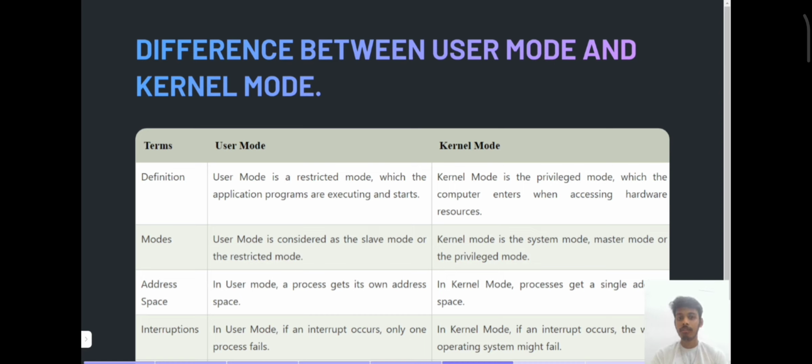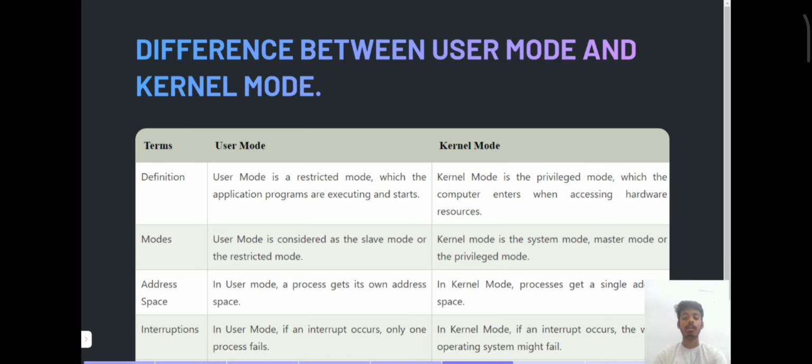So the differences between user mode and kernel mode. The basic definition of these two modes are: user mode is a restricted mode in which the application programs are executing and start, whereas the kernel mode is a privileged mode, which the computer enters when accessing hardware resources. Modes: user mode is considered as slave mode or the restricted mode, whereas kernel mode is considered as master mode or privileged mode.